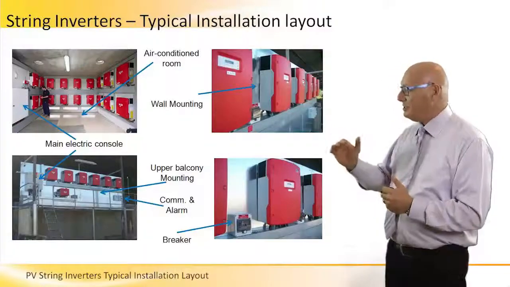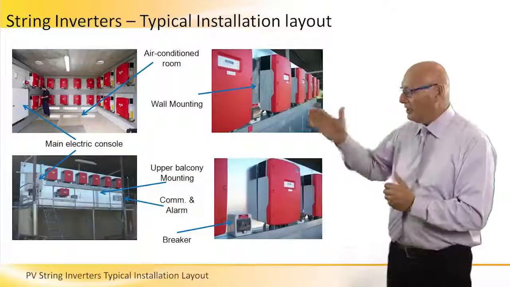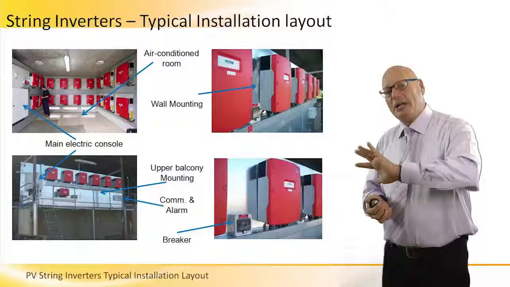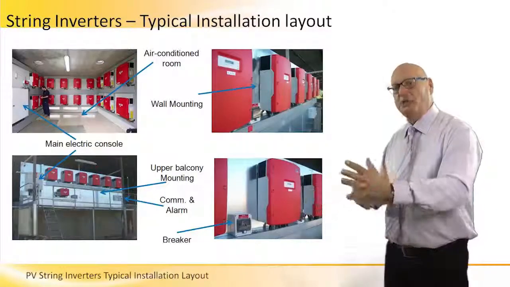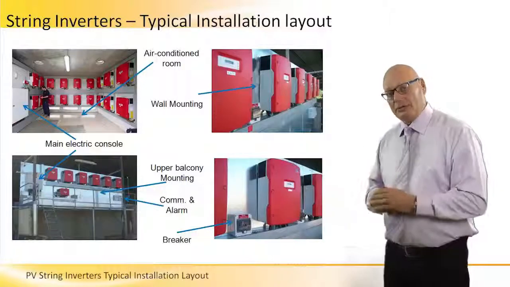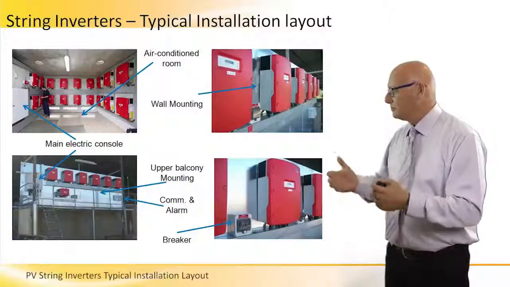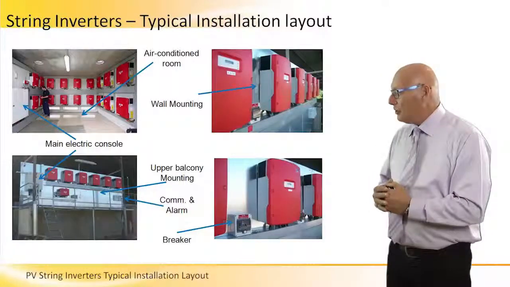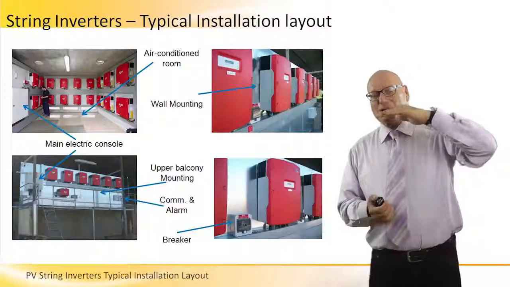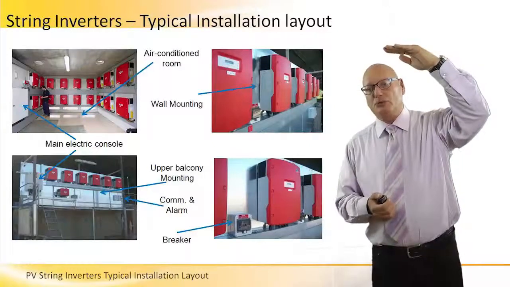The reason for a balcony with a ladder is to isolate this area from the day-to-day ongoing activities on the bottom, and also to place them as close as possible to the roof itself.